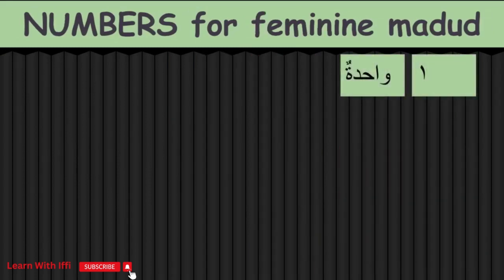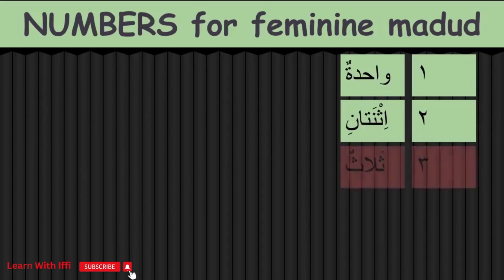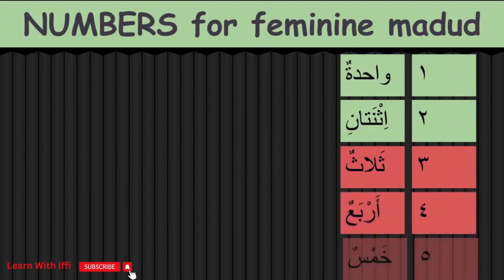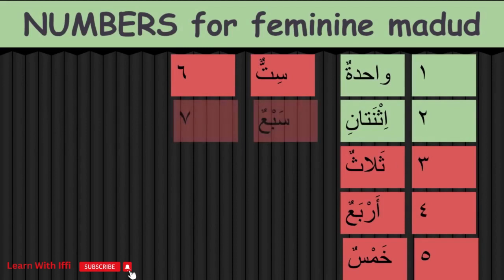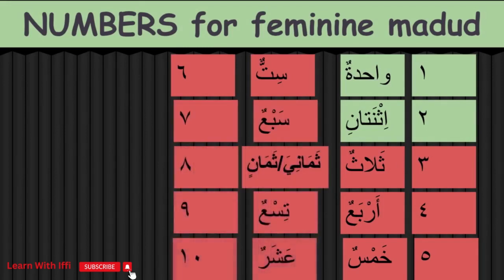Coming to the feminine ma'dud, 1 and 2 will have feminine numbers, wahidatun, ithnatani, with ta marbuta and alif muthanna. From 3 to 10 it will be masculine, without ta marbuta: thalathun, arba'un, khamsun, sittun, sab'un, thamaniyun, tis'un, asharun. So this will be the feminine from 1 to 10.